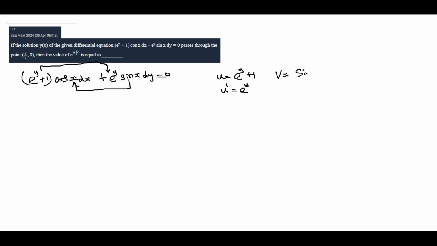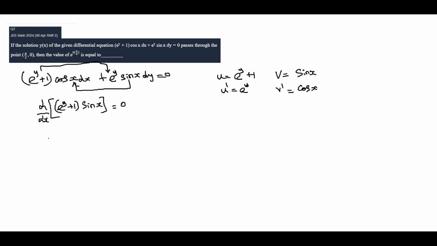v equal to sin x. What is v dash? Equal to cos x. So this equation is in the form of uv. So derivative of e power y plus 1 sin x dx, which is equal to 0.